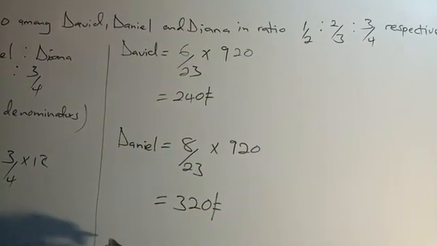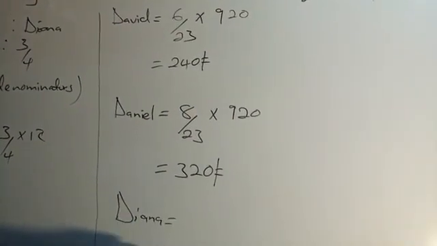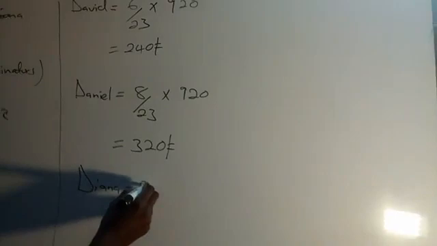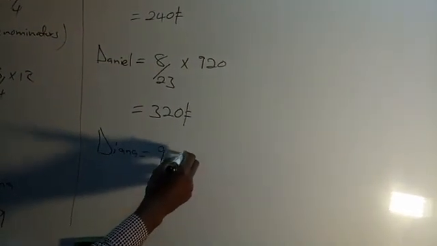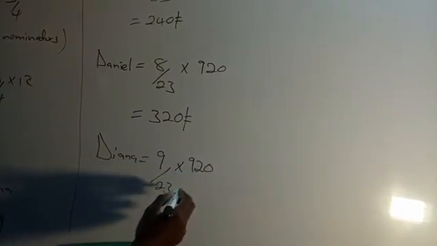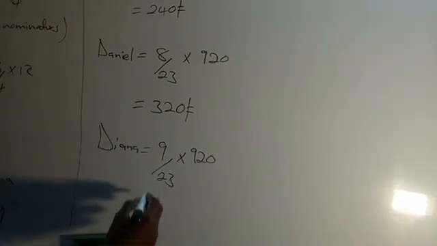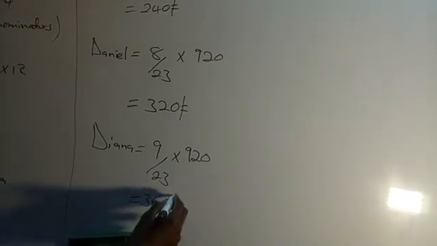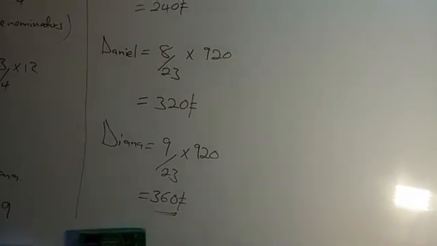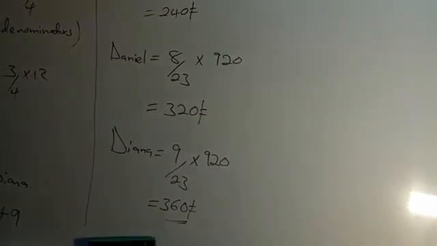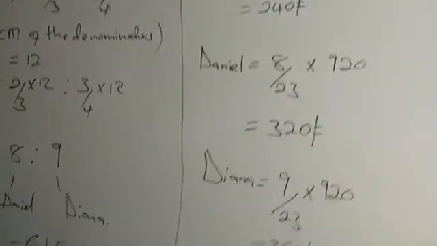And we go to Diana, whose ratio is 9 over 23 times 920, getting 360 shillings. So that is the amount shared by each.